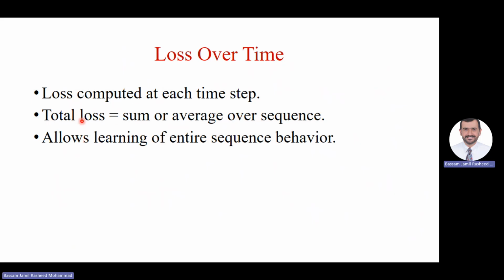Of course, when you capture the total loss through the sequence, this allows the learning of the entire sequence. That's important. What makes the RNN different from the neural networks that we have seen before is this notion of a sequence. Let's keep this in mind. That's why we have to slightly update the definition of the loss function.